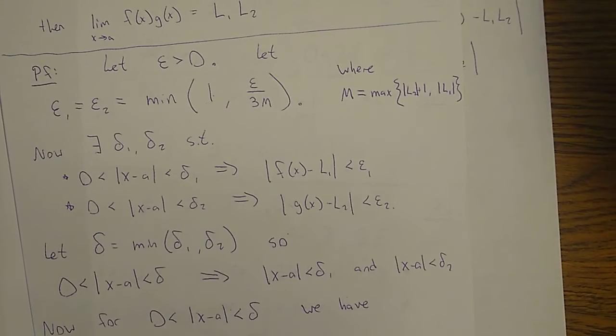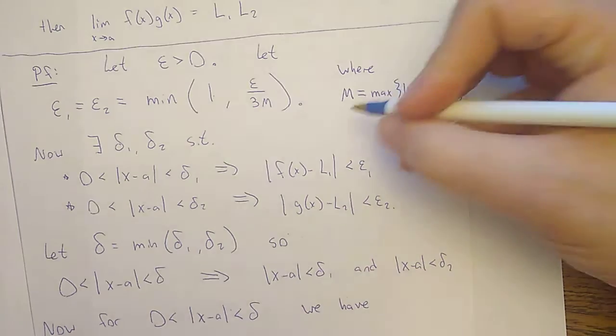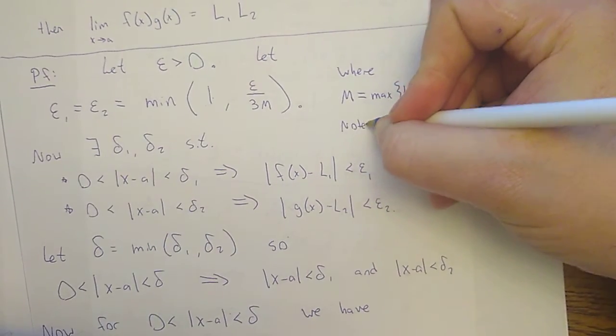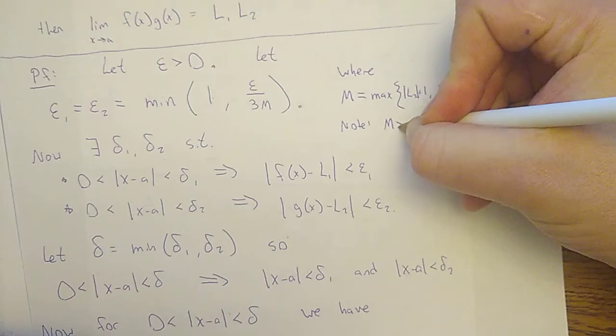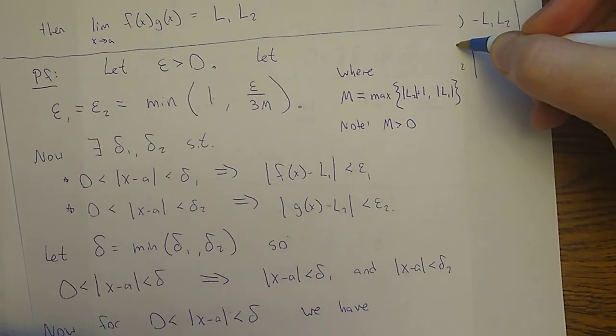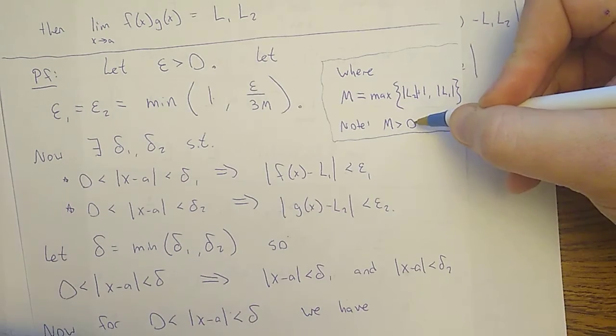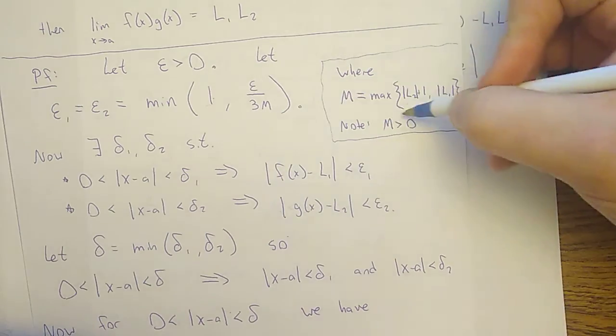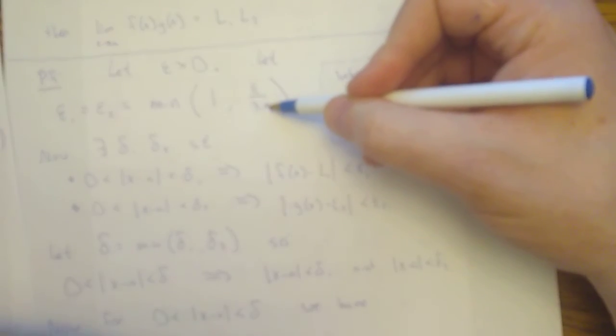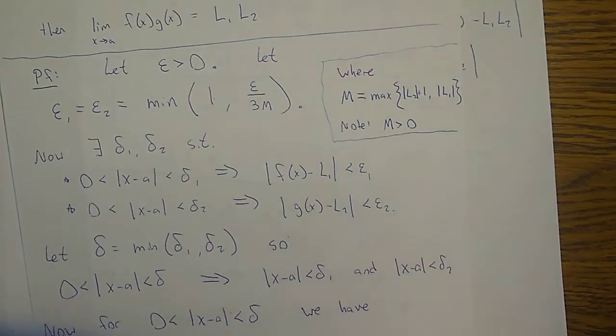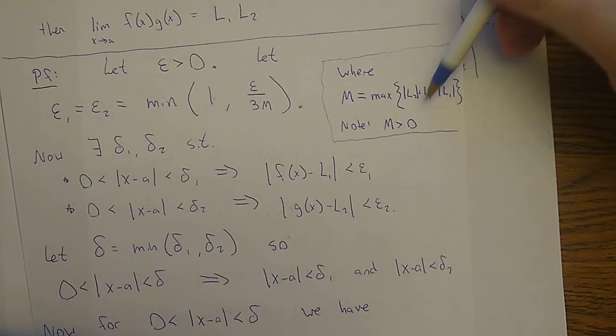That's M. And actually, while I'm at it, M is a positive number, and that's important. In particular, it's important that M isn't 0, because I'm dividing by M here. That would be bad if M was 0. But M is not 0.